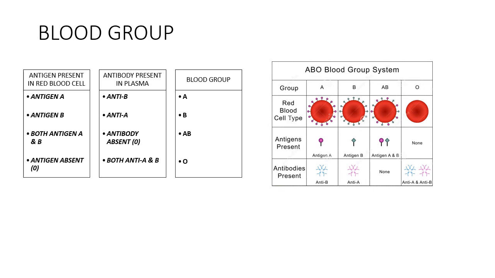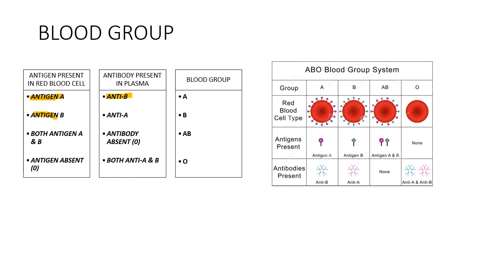Let's take a look at how blood groups are formed. As we said earlier, a specific antigen will not carry the corresponding antibody in your plasma. For antigen A in the red cell will have antibody B in their plasma.